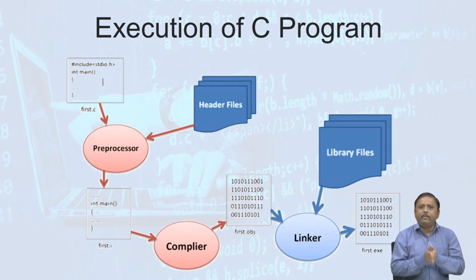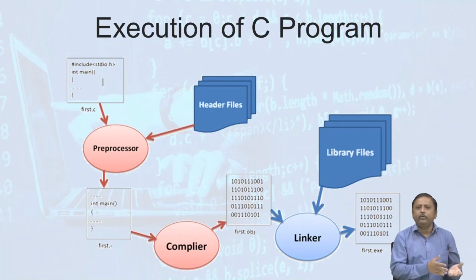Now C programs use a compiler. What is a compiler? We have already discussed it in the last lecture. The compiler converts the high level language code written in C into machine code, that is binary code, right? So the compiler will generate an object file. Now what is an object file?